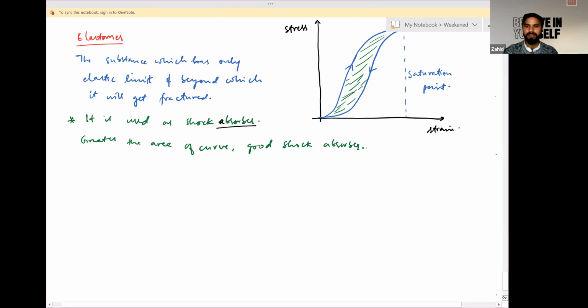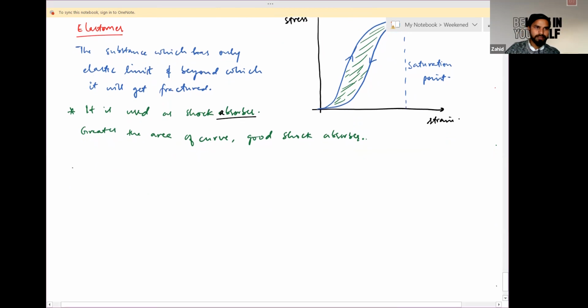Okay. There is another term called Poisson's ratio.